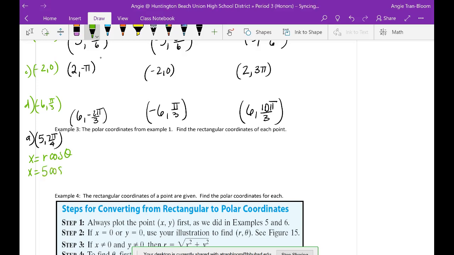So x equals r, which is 5. What's theta? Great. You still have to know the trick. What is cosine of 7 pi over 4?